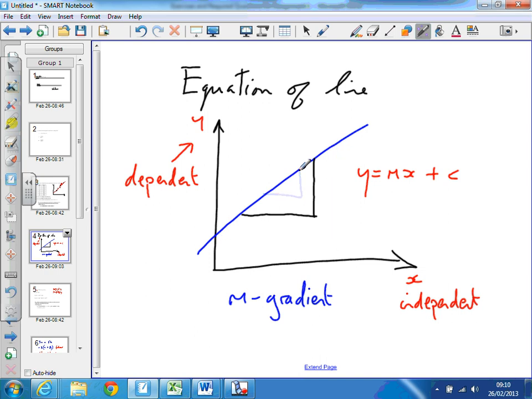And then once I've got my triangle drawn in, the gradient is y, how far you go up, divided by x, how far you go along. So the gradient is y over x. So this is y, and this is x.